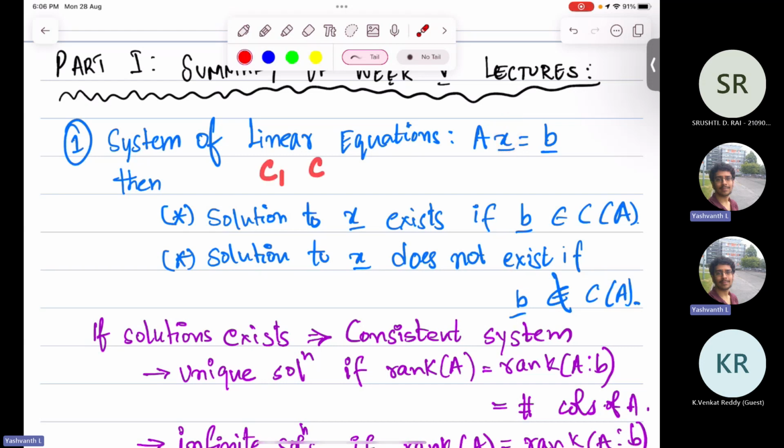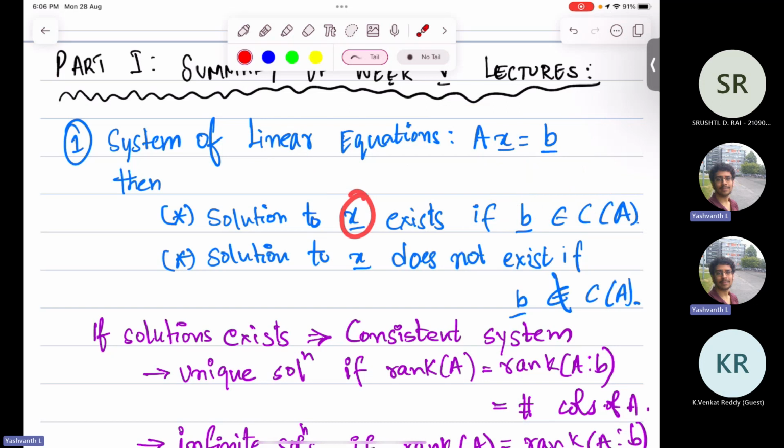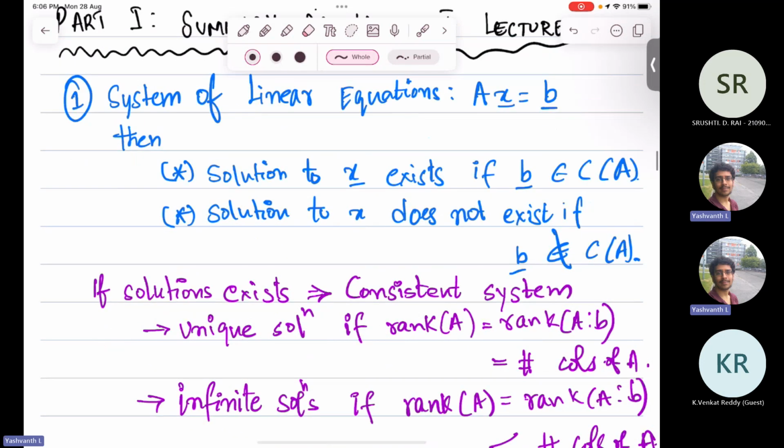In fact, the coefficients C1, C2 and so on are the solution: x1 = C1, x2 = C2 and so on till xn = Cn. So the solution x exists if b lies in the column space of matrix A. But the solution will not exist if the vector b does not lie in the column space of A, so you cannot find any x such that Ax = b is satisfied.